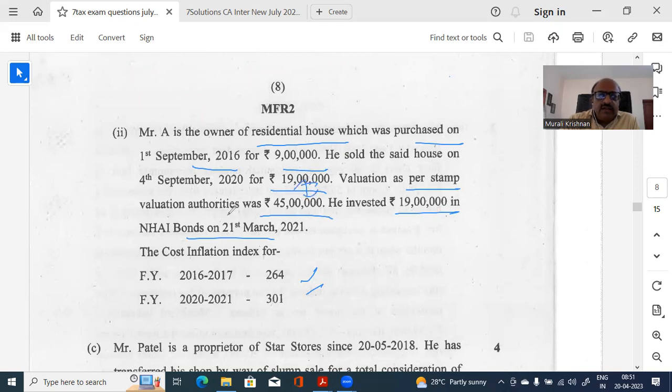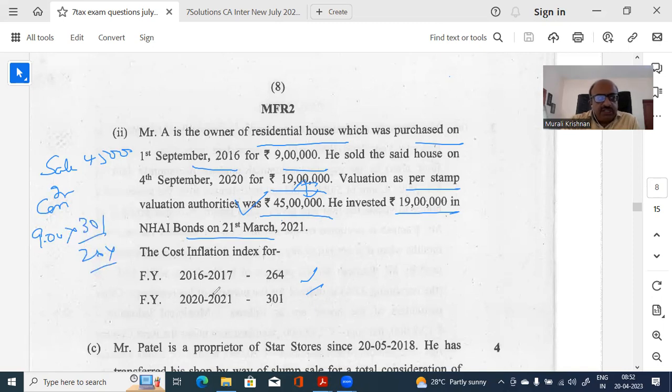Obviously, the stamp duty value is more than the value at which it was sold. Therefore, this will be taken and you have to calculate the capital gains. How do you do it? Sale consideration is 45 lakhs. Indexed cost will be 9 lakh into 301 by 264.